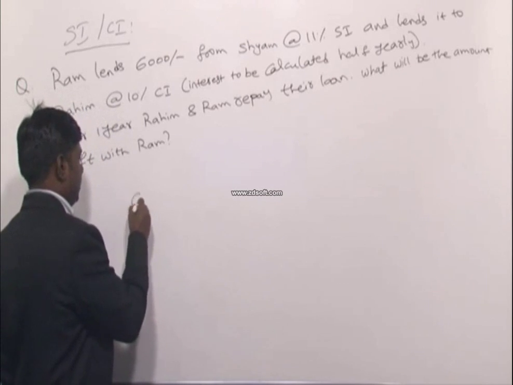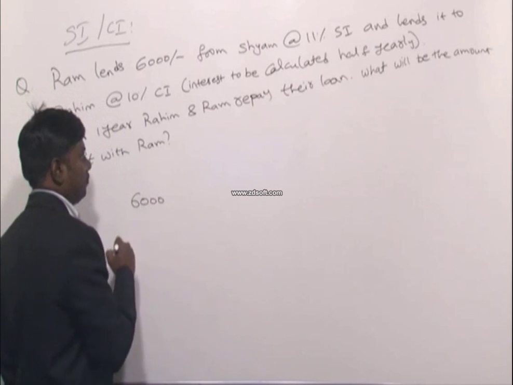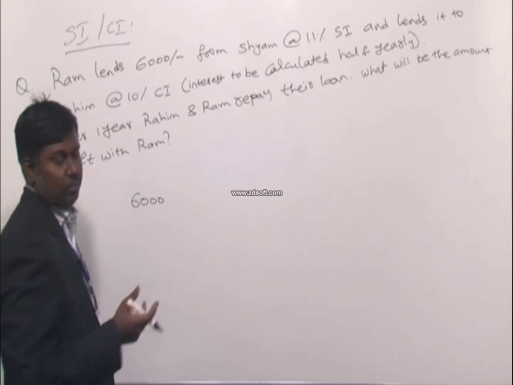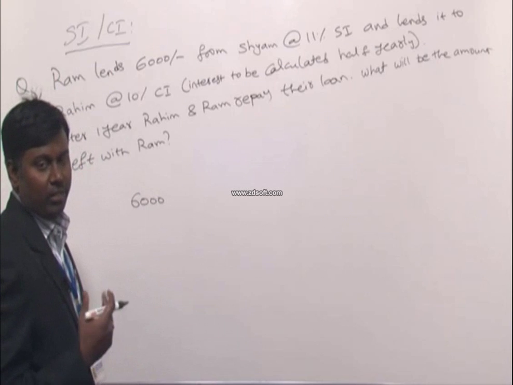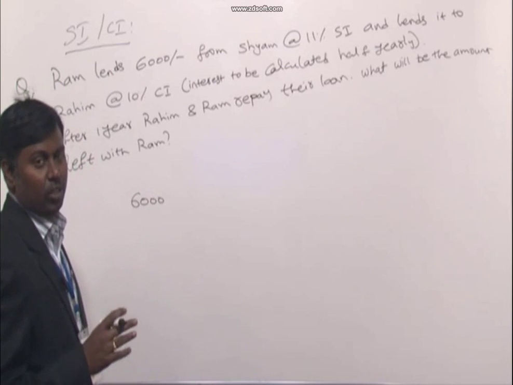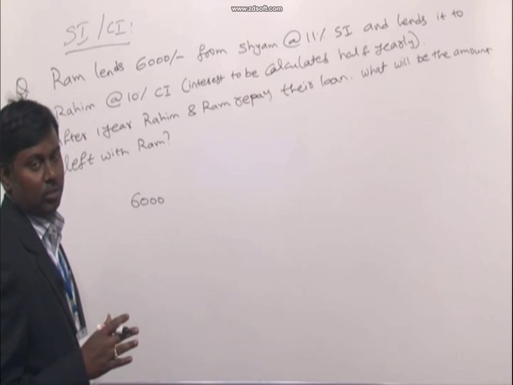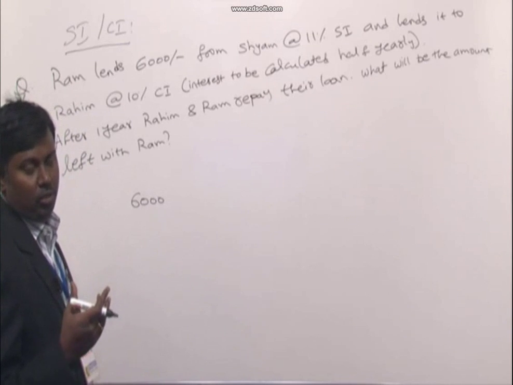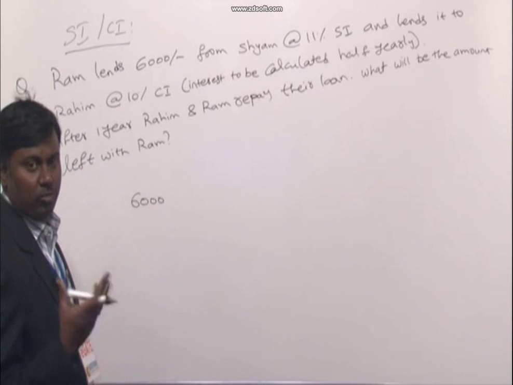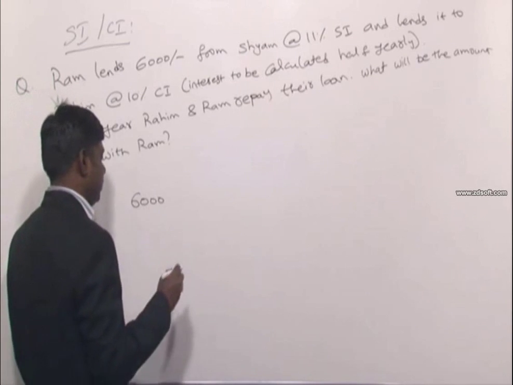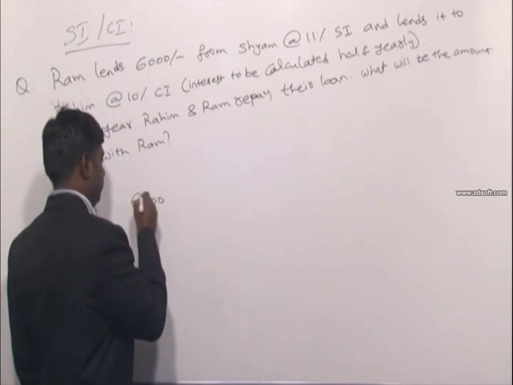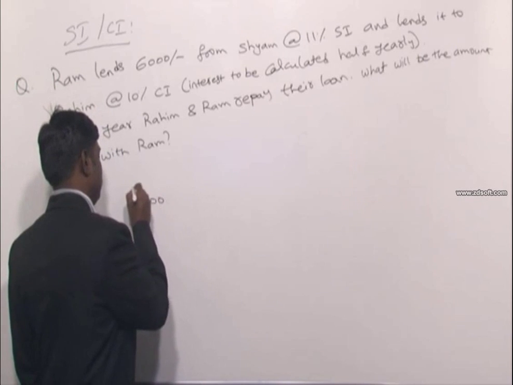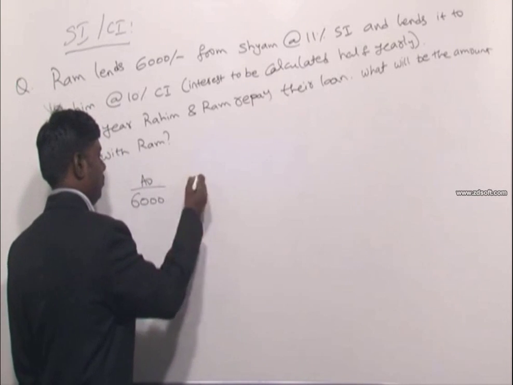Okay, 6,000. If you are calculating by simple interest, whether it is calculated every half year, annually, or quarterly, it does not matter, because the interest at the end of the year, irrespective of the mode of calculation, will be the same. So 6,000 is A0.